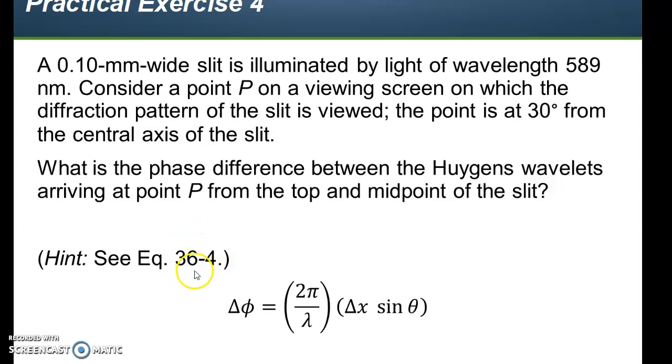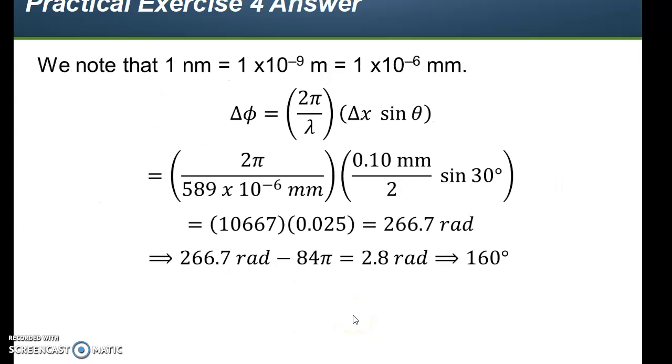And so this is equation 36.4. Delta phi is 2 pi over lambda times delta x, and this is a sine theta. Now here the a is 2 delta x, right? Your a value is 2 delta x. Okay? So 1 nanometer is 1 times 10 to the minus 9th meters. We all know that. So delta phi is 2 pi over lambda times delta x sine theta.